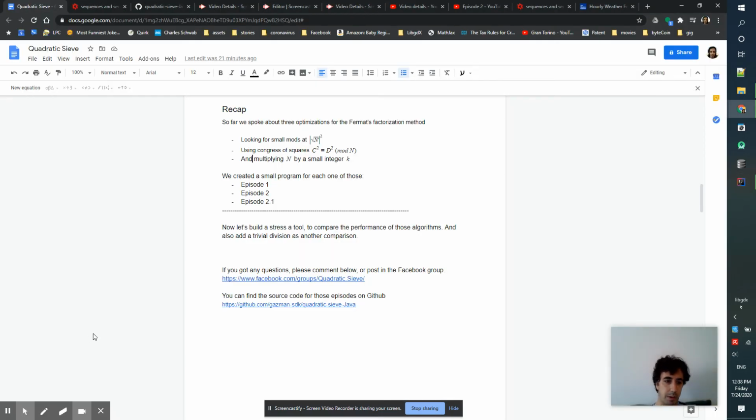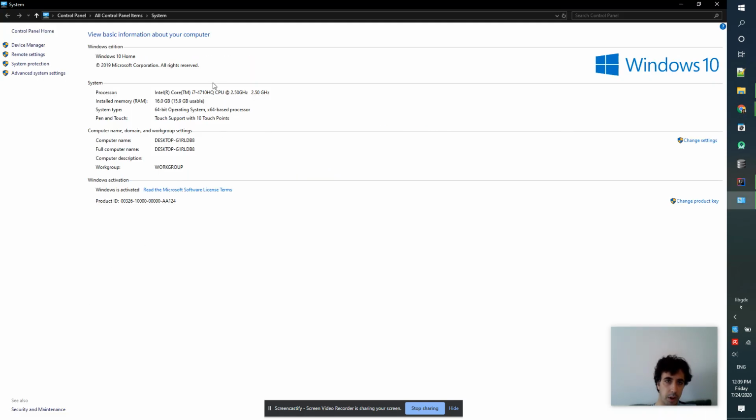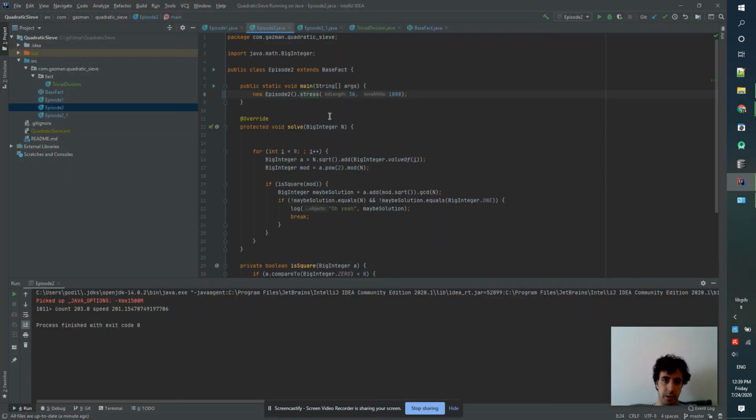Let me tell you what my PC architecture is. So I'm running 64-bit Windows 10, and I got 60 gigabytes RAM, 2.5 gigahertz. Yeah, it's kind of standard today, right? So those are the performances.